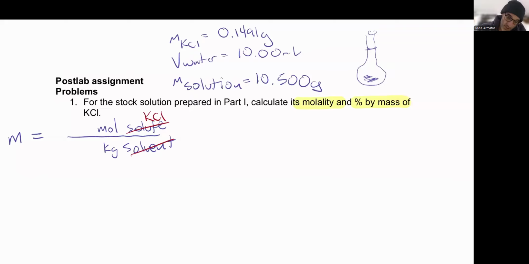But for molality it's kilograms of solvent, and in this case, it's water. We're going to use molality a lot when we're doing colligative properties calculations. So just recognize that it's kilograms of solvent, not solution.